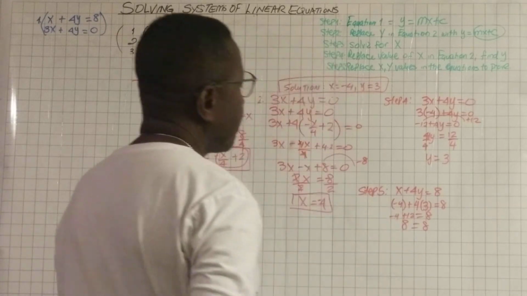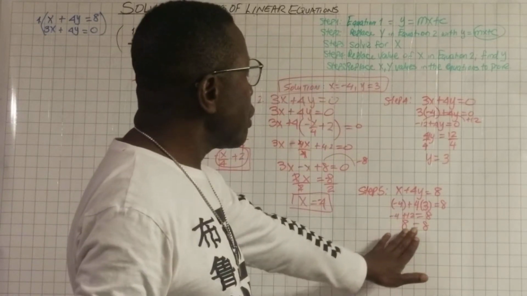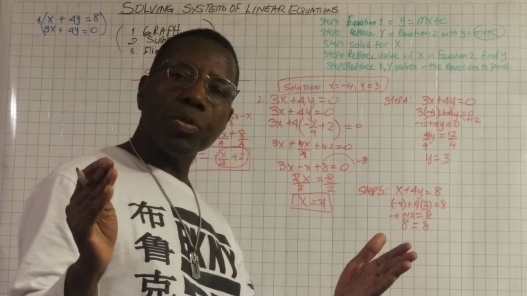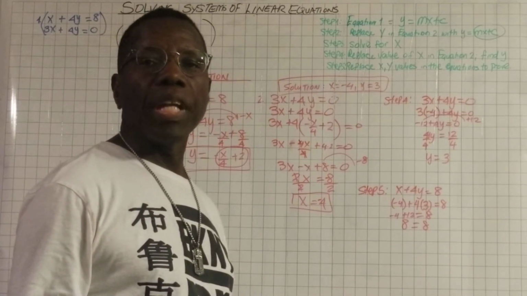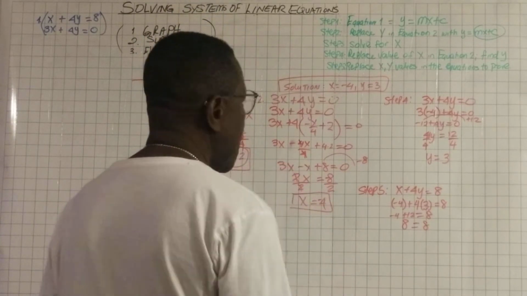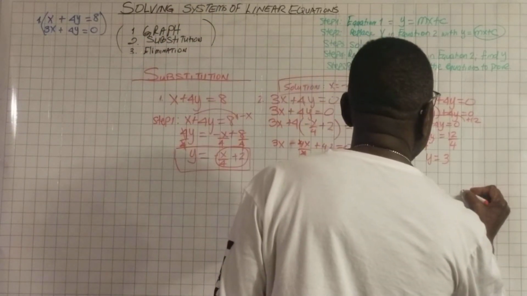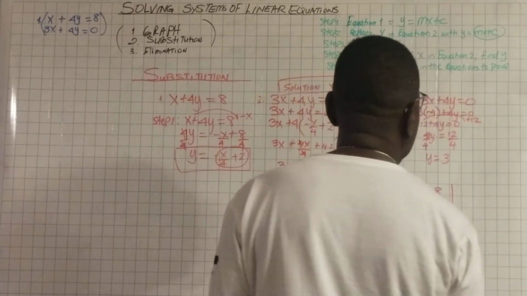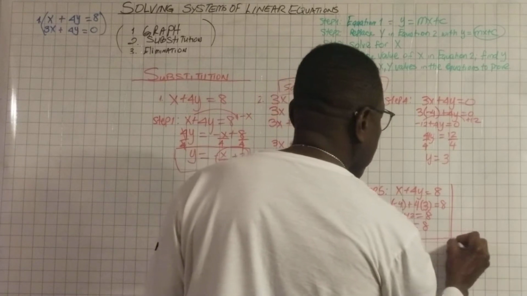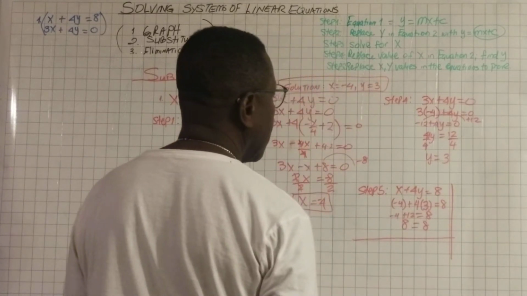Because this side of the equation is equal to that side, you know the point is a solution to the equation system. Try the second one as well, so you're 100% sure that's your solution. So let's go ahead and try the second one.